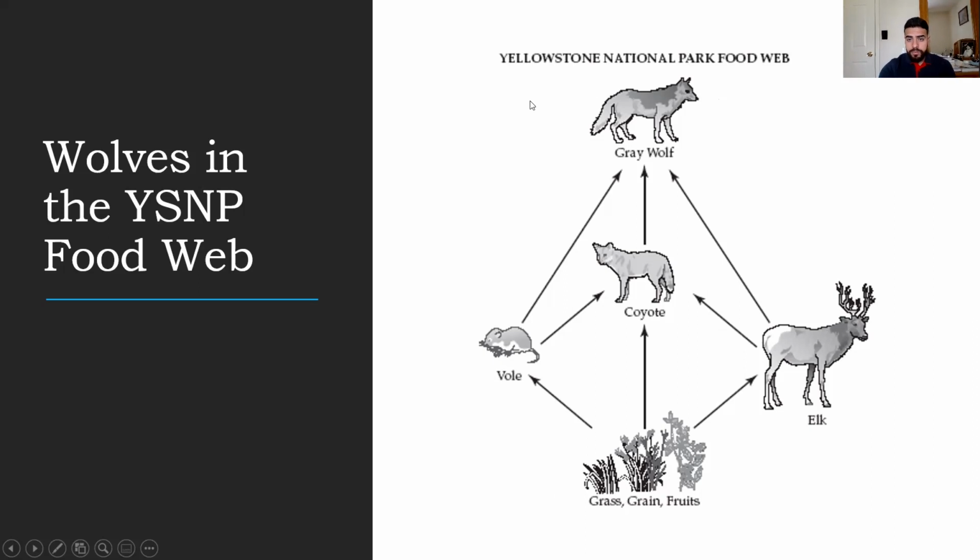So when you remove wolves from this equation, the elk population starts growing tremendously, and when that happens, the plants they eat are reduced dramatically as well. And then the coyote population, when you remove their competitors, the wolves, starts overfeeding on the voles, which are then decreased. So this shows the interconnection of the ecosystem and the environment and how every piece of this puzzle matters, and removing one will affect everything under it.